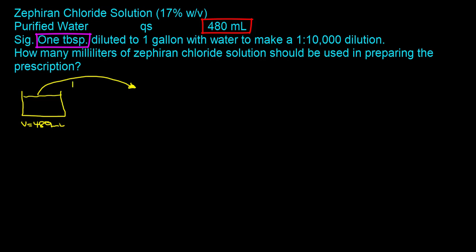So 1 tablespoon is actually equivalent to 15 milliliters. So we're taking out this volume and we are going to use that to prepare a 1 gallon dilution.